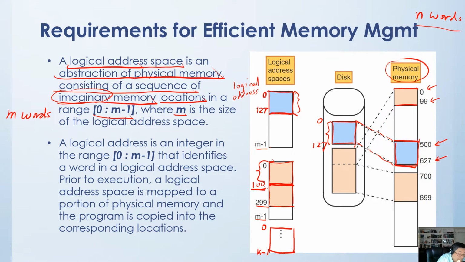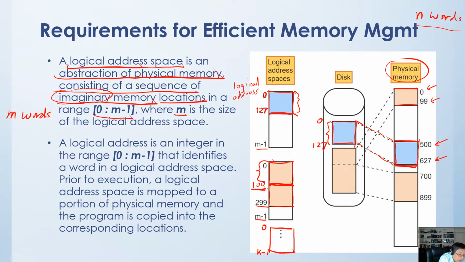Because remember, you may have multiple logical spaces, and each logical space has address 0. But when you try to map multiple programs into the physical memory, you cannot load all the programs into memory space 0 in the physical memory space, because there's only one physical address 0.